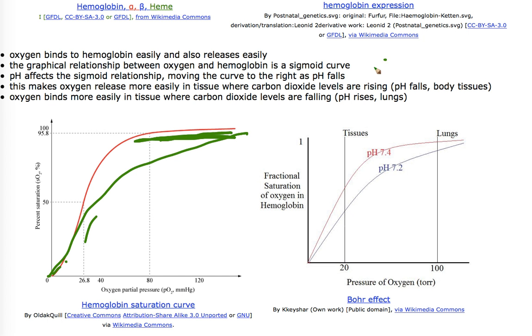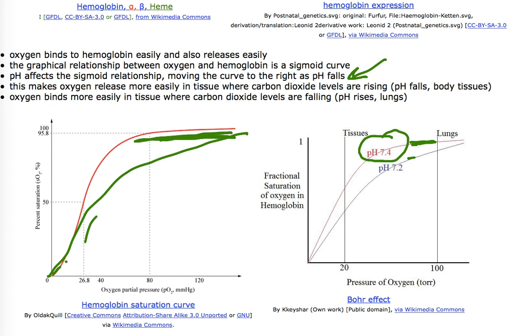This is a great adaptation for how hemoglobin has to work in the human body. The pH of lung cells is about 7.4. When the blood comes into the lungs, the higher pH in the lungs allows hemoglobin to grab more oxygen in the lungs here through here than it would grasp if the lungs had a pH of 7.2.